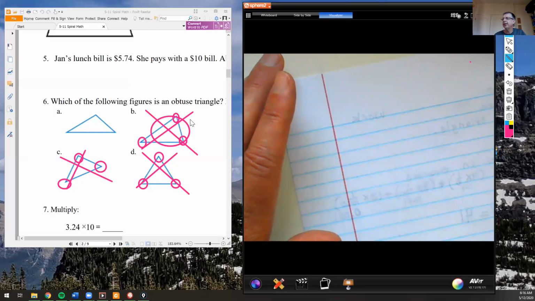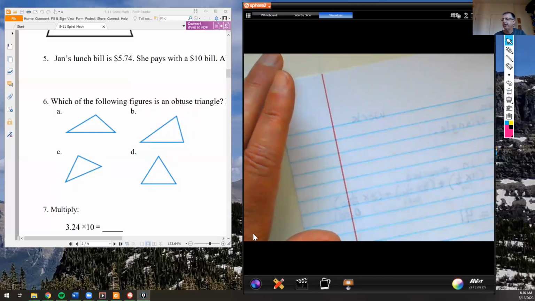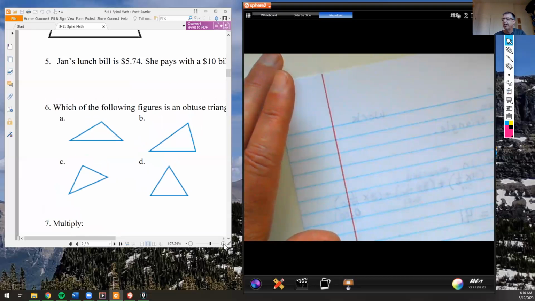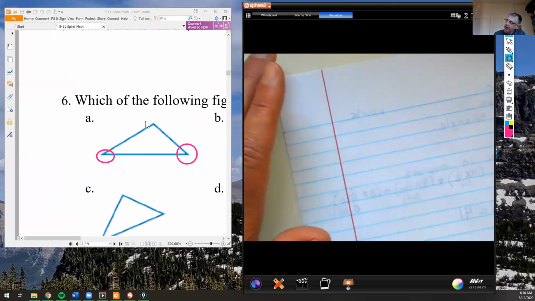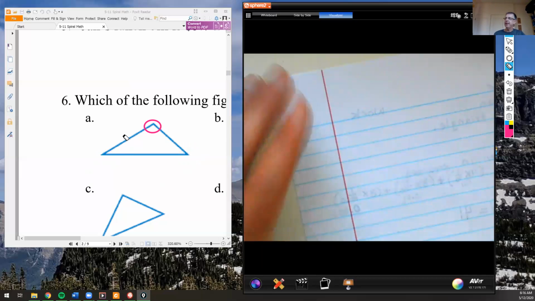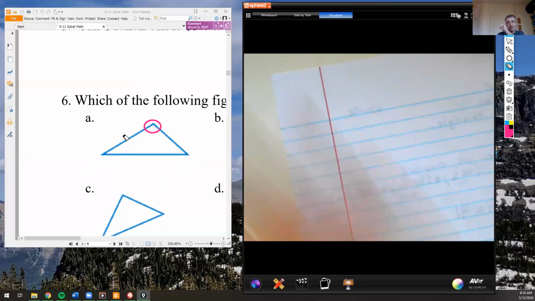So let's take a look at letter A close up one more time, and we'll see if that one has some obtuse angles. When I look at it, this angle is not more than 90 degrees. This angle is not more than 90 degrees. But this angle right here at the very top of the triangle, if you turn it, and I can't really do that on my paper, is slightly more than 90 degrees.